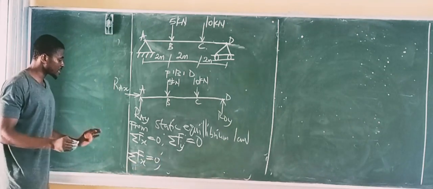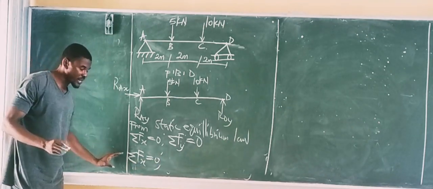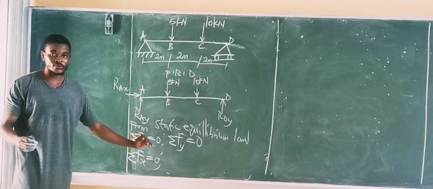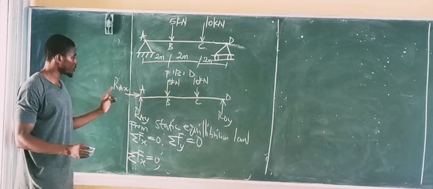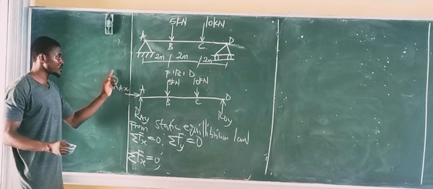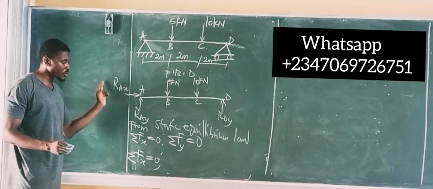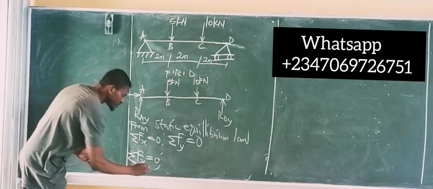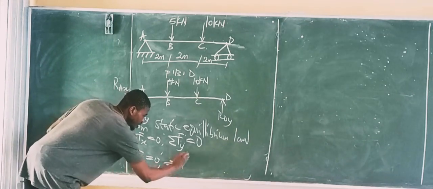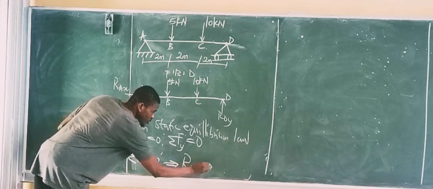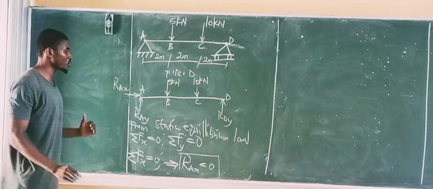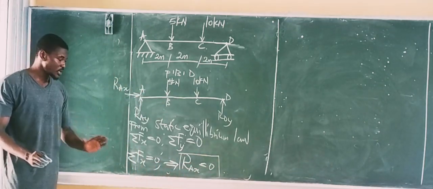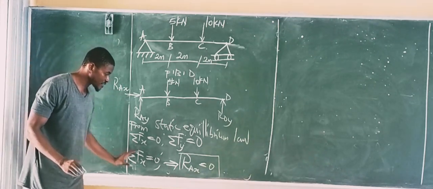That simply means add all the forces acting on the x-axis and equate it to 0. If we take a look at the beam, the only force on the x-axis is RAX. This is the only force that acts horizontally. So that implies that RAX is equal to 0. That is the first thing you do.